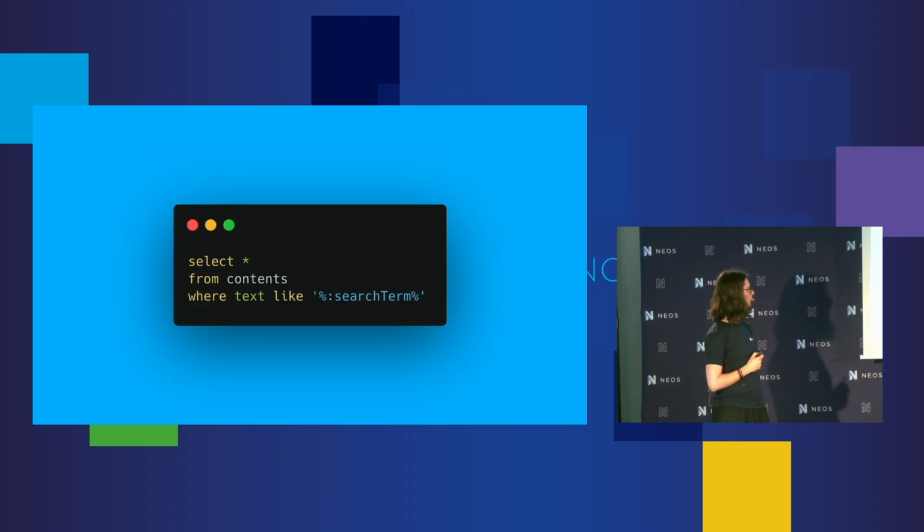Well, first of all, when you got a DevOps team, they will probably call you really, really fast because the like operation in this query is not indexable. What happens as soon as you got a couple of thousands or tens of thousands of contents, every time you search, everything is searched with this like operation, and your database will maybe hold up, but at least your CPU will not be happy.